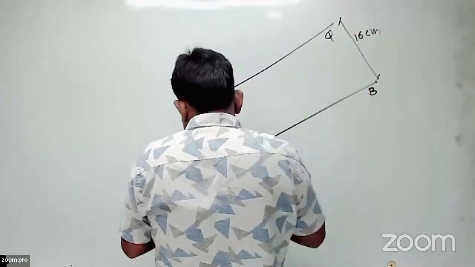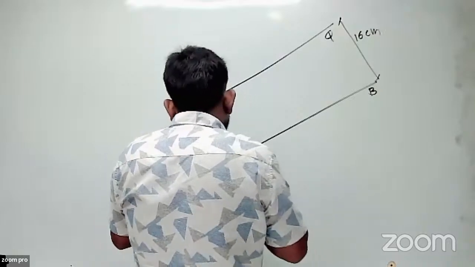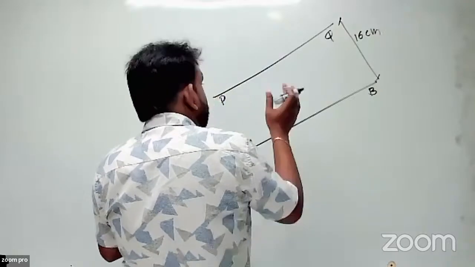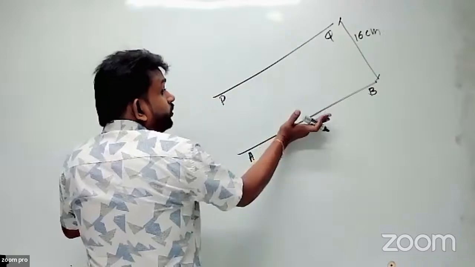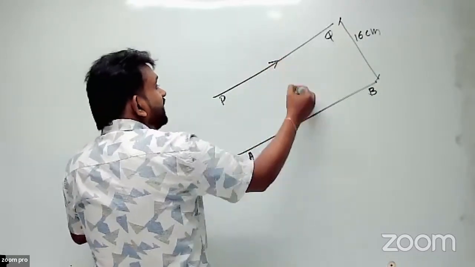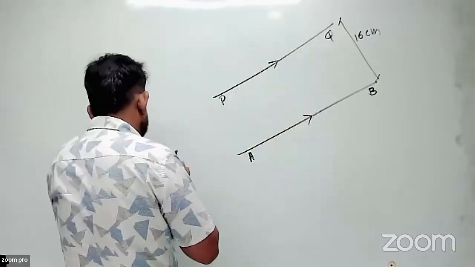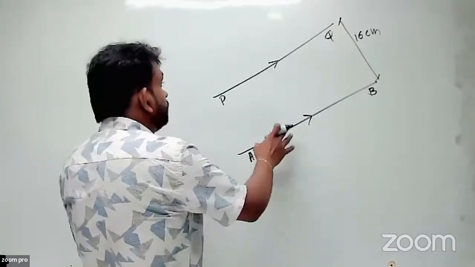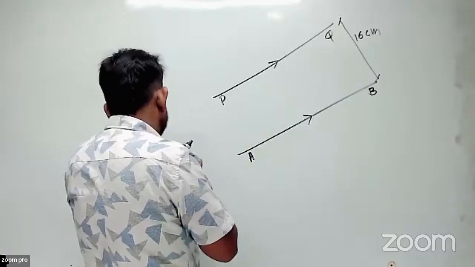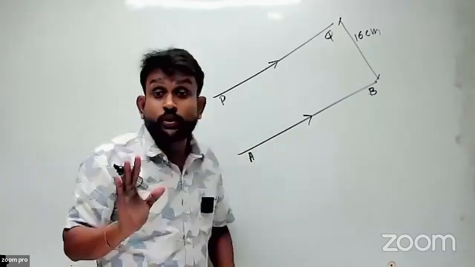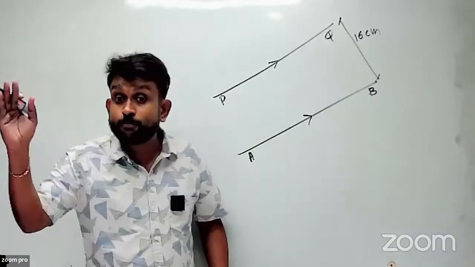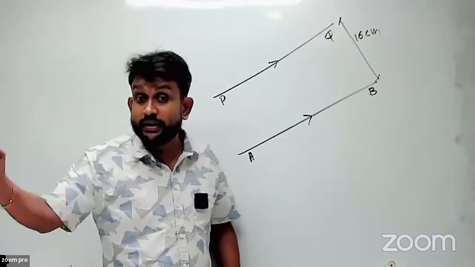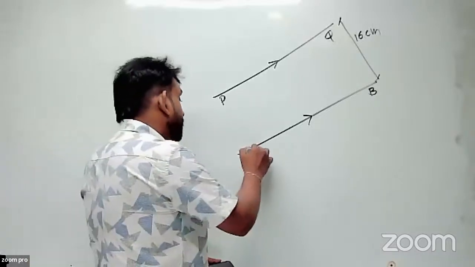So what they mention, PQ is a locus moving 16 centimeters away from AB. Away from a line is a parallel line that is drawn, the third locus. Sketch the point C on PQ, equidistant from A and B. So these are 2 points, right?